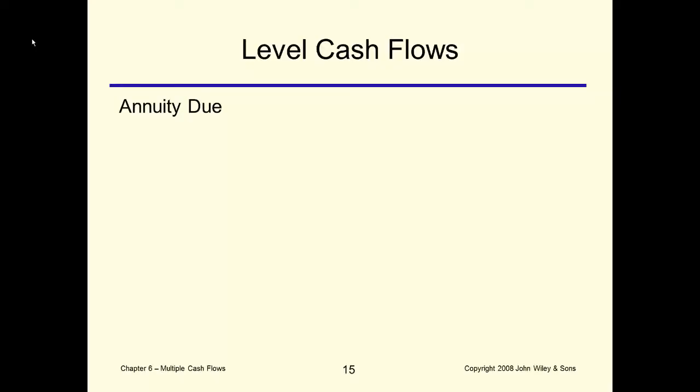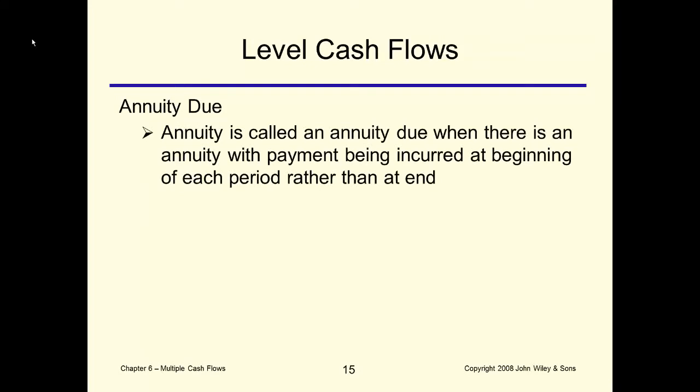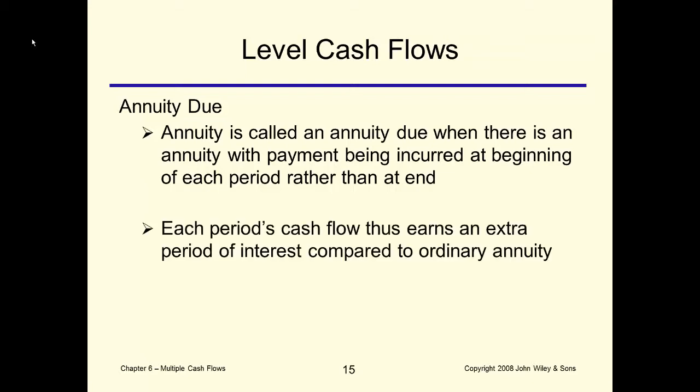We mentioned annuity dues briefly. An annuity due is when the payments associated with an annuity are either paid or received at the beginning of each period rather than at the end of each period. Because of this, each period's cash flow earns an extra period of interest.